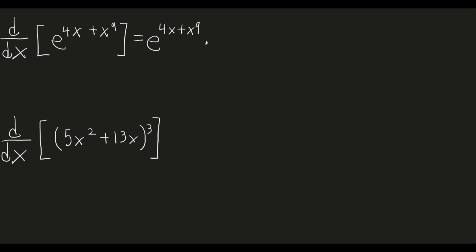Multiply this by the derivative of the inside function, and doing so, that would be 4 plus 9x to the 8th power. Multiplying these together, that would get us e to the 4x plus x to the 9th times 4 plus 9x raised to the 8th power. And this will be our final answer.